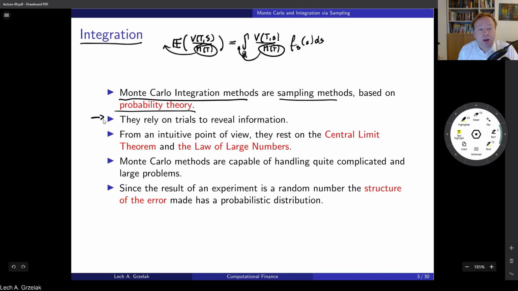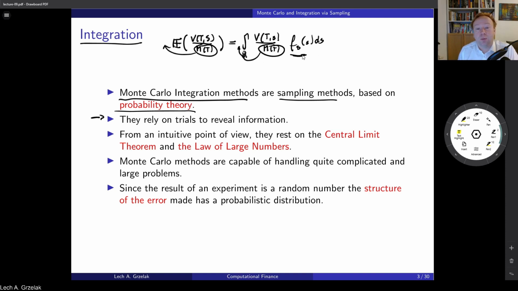Monte Carlo simulation relies on trials. So this means that if we have a density, right? This integral could be estimated by typically sampling numbers from this distribution for the stock. So we perform trials and evaluate the integral for different realizations.